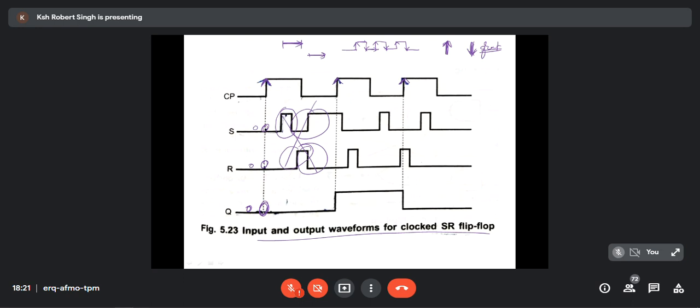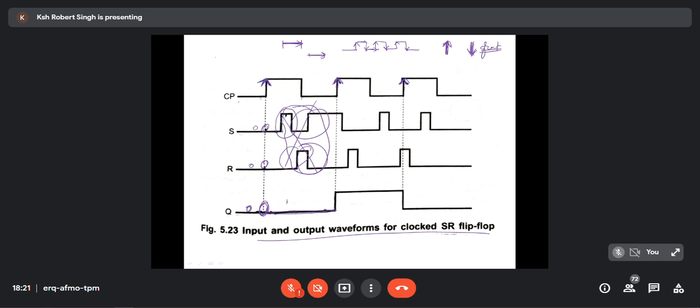It should stay 0 till I open my eyes next. Whatever value comes over here doesn't bother. That is why I say, an SR flip-flop will have a clock, and the output depends on the input as well as the clock.